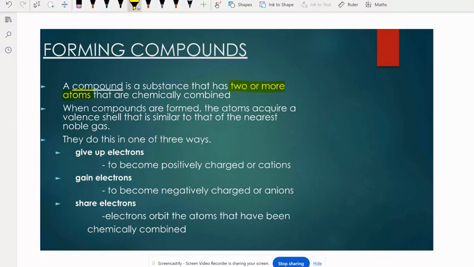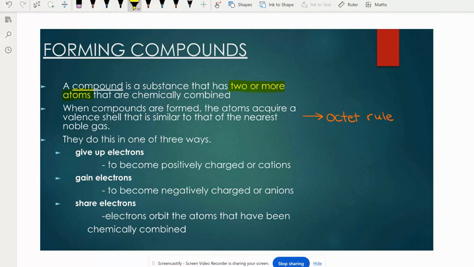When chemical compounds are formed, they like to have a valence shell that looks like the nearest noble gas. A full valence shell, we call that the octet rule. So it wants to have either a full or an empty shell.